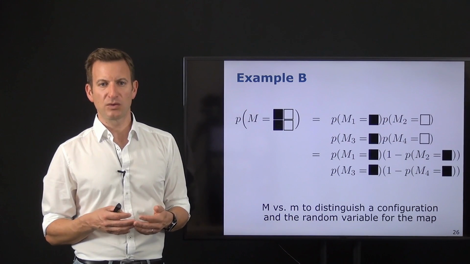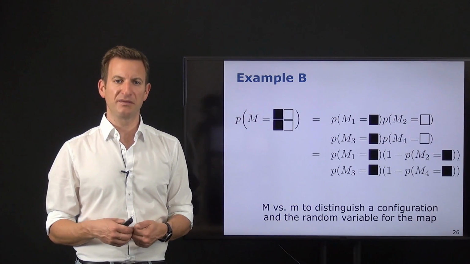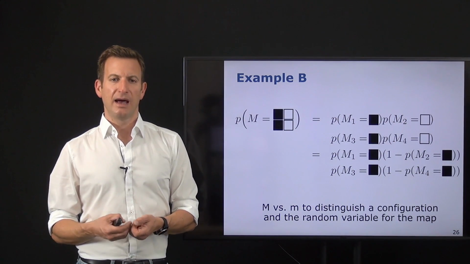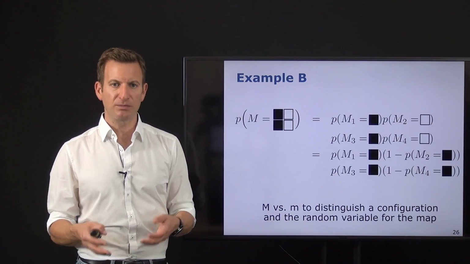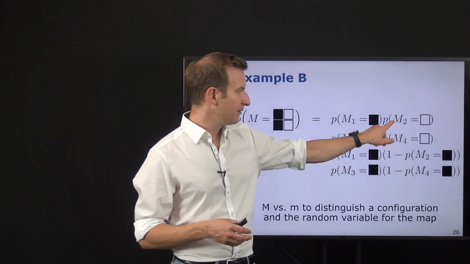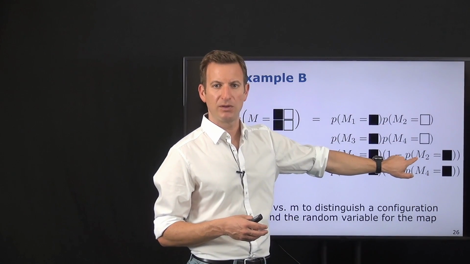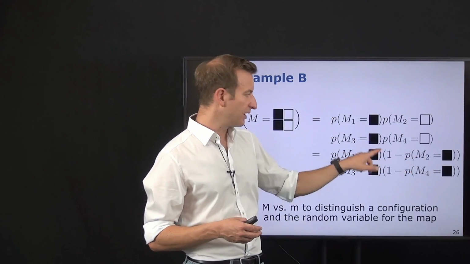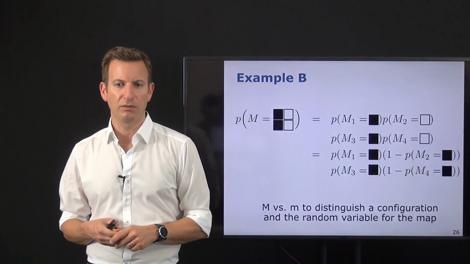But since I don't store the probability of a cell being free in my map, only the probability of the cell being occupied, I can now exploit the first assumption that a cell is either occupied or free, so it's a binary random variable, and can put that M2 is free means 1 minus P of M2 is occupied. So I can turn this into the occupancy probability, just putting the 1 minus over here.